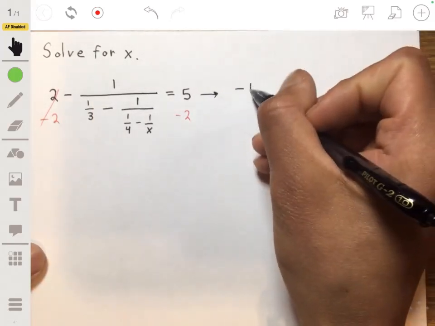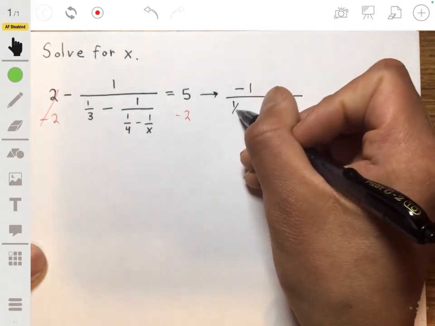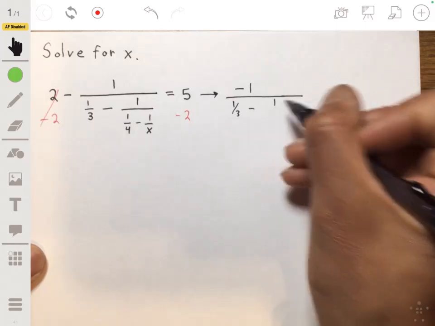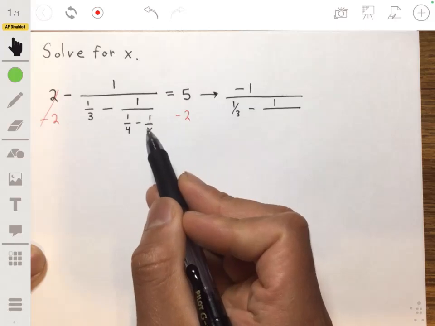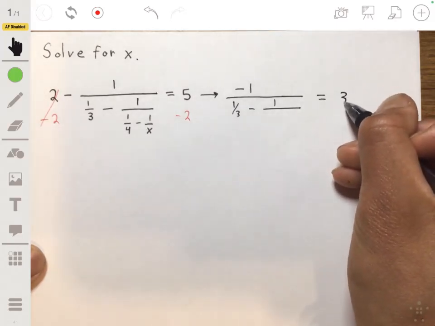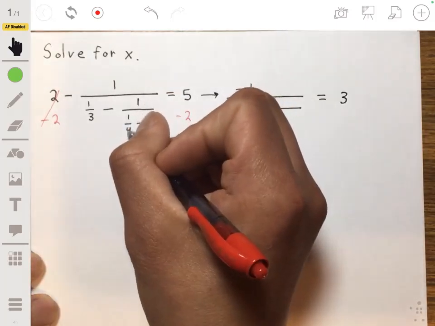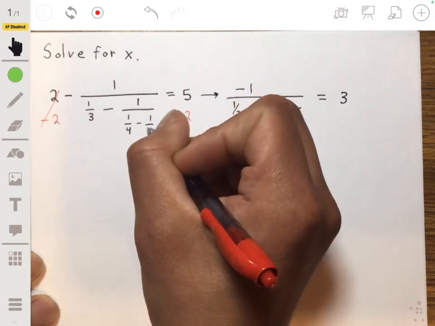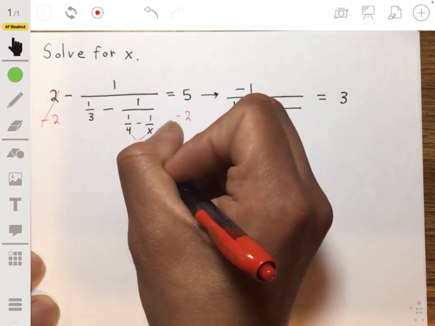So we're going to have -1 all over 1/3 minus 1 over 1/4 minus 1 over x. Let me fix the right side first, and let's save a step by combining these two fractions here by making them both have the same denominator of 4x.